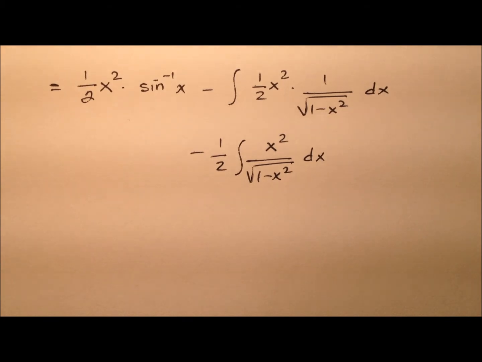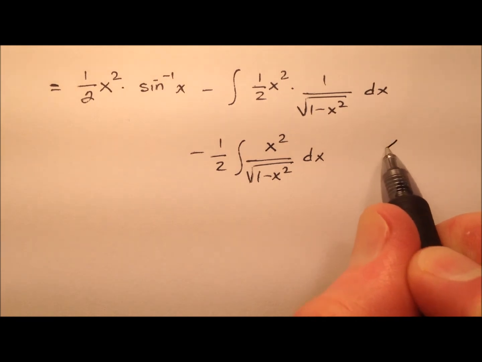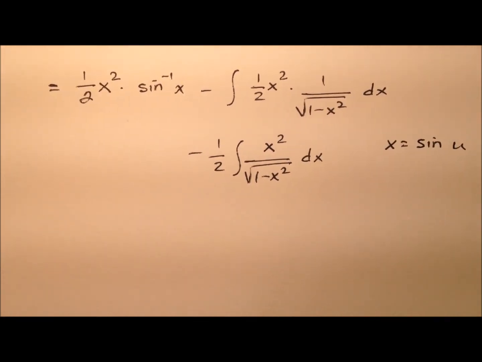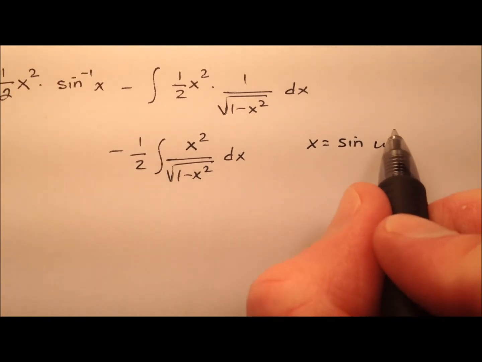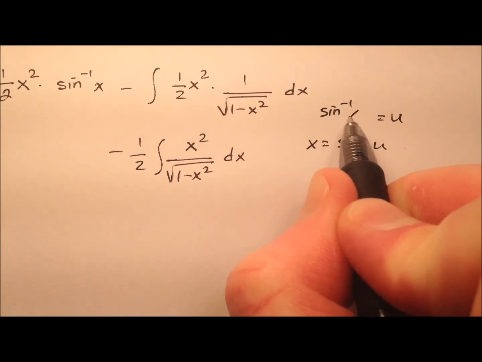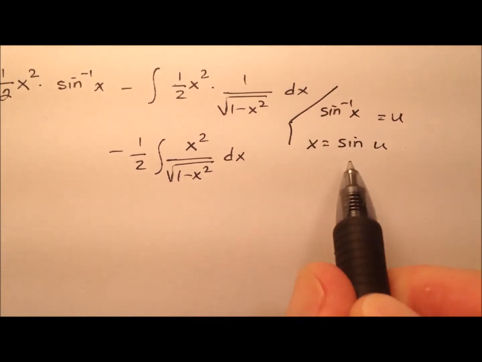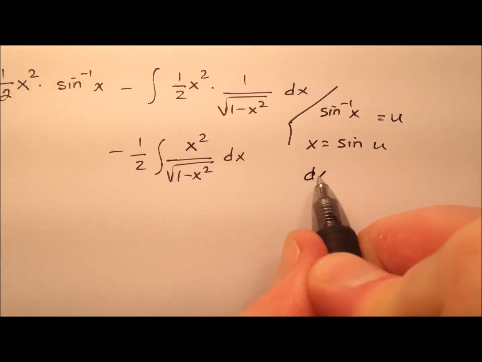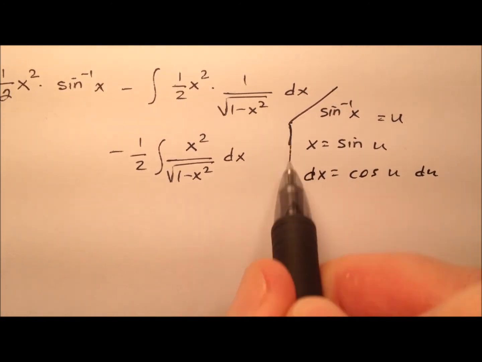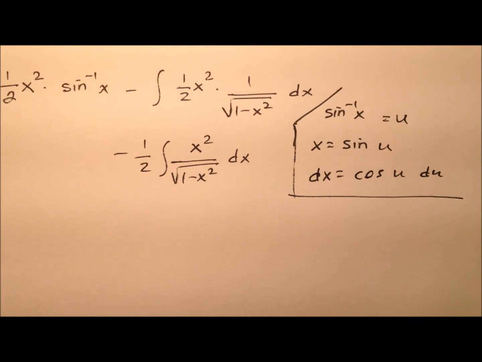So instead, let's try a different u-substitution. Let's say x is going to equal the sine of u. Well, that means that u will be the inverse sine of x. And when I differentiate both sides, I'll have dx equals cosine u du. Okay, so that looks like some good stuff.